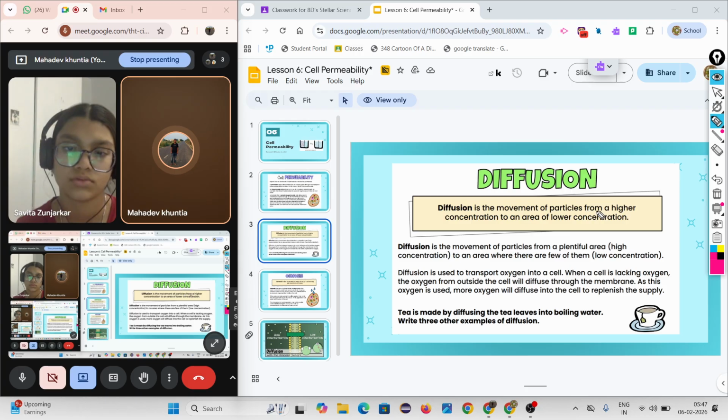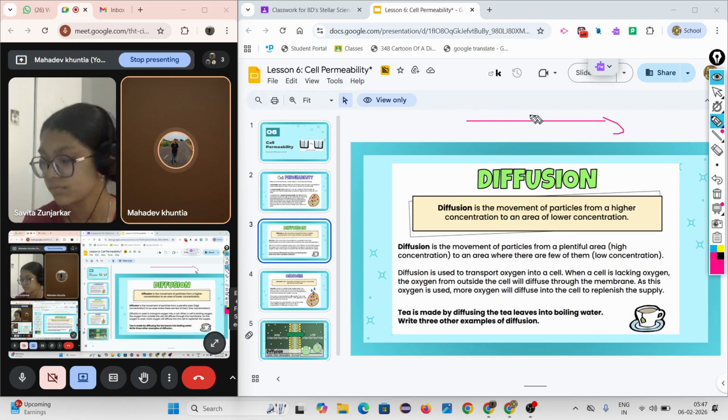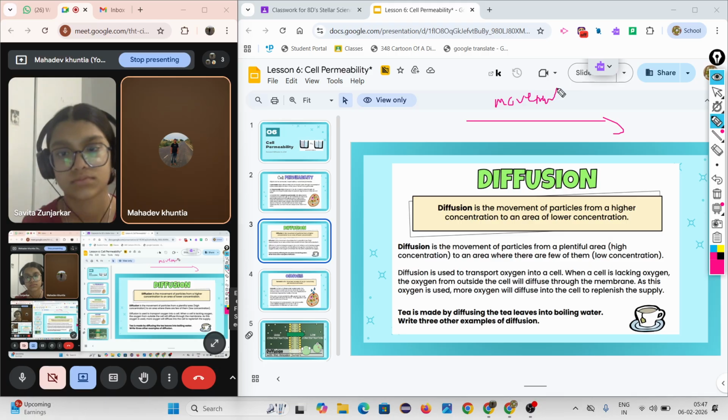Diffusion is the movement of particles from a higher concentration to a lower concentration.